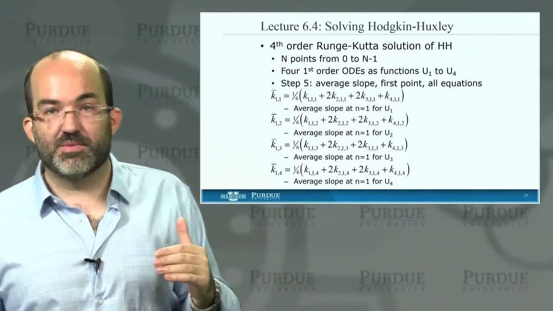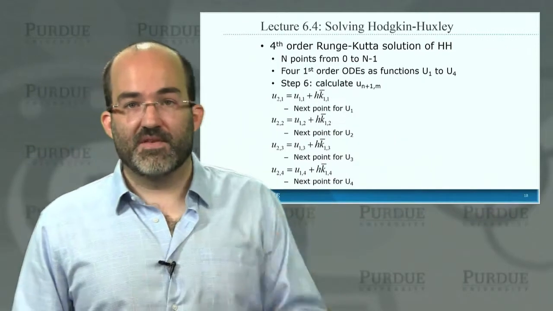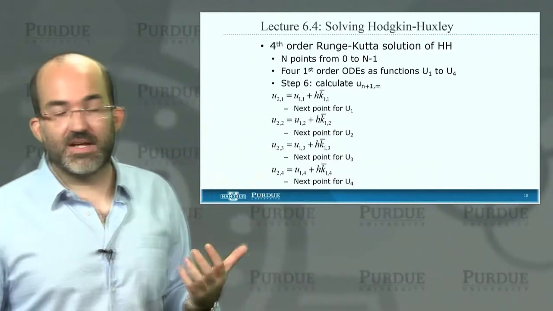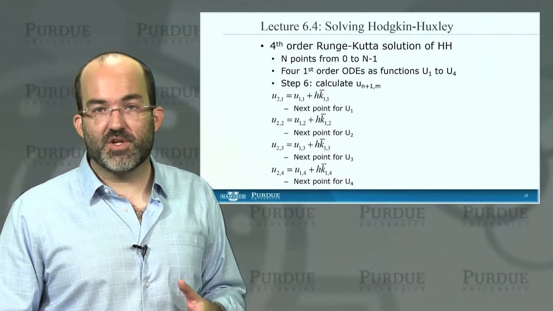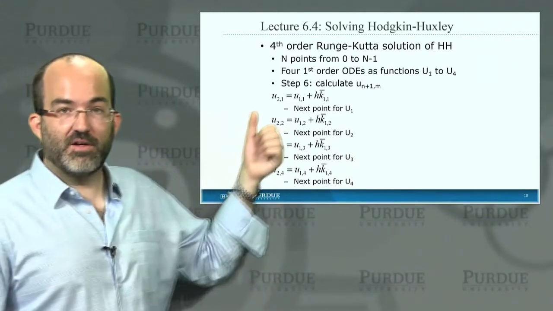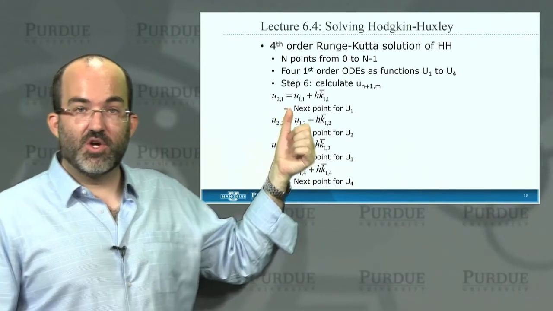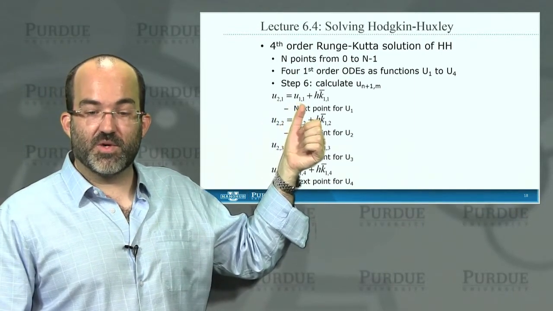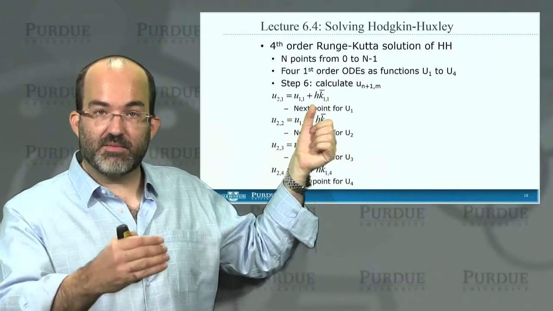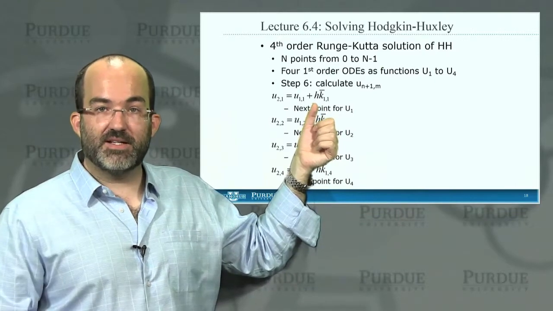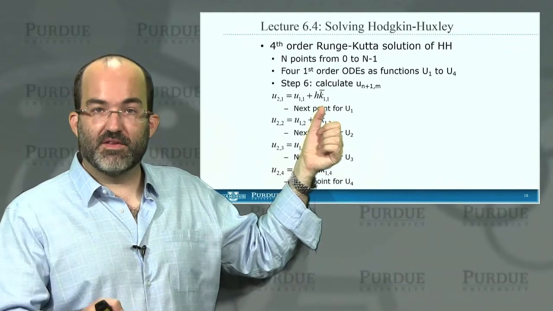Now we have all of the average slopes, and we can use something that looks a lot like Euler to solve for the second point, which is step 6. U sub n plus 1, comma m, where m is the equation number, and u21, which is the second point for the first equation, is going to be equal to U11, the first point for the first equation, plus h, which is the distance between the first point and the second point, multiplied times the weighted average slope, K11 bar, for the first point for the first equation.